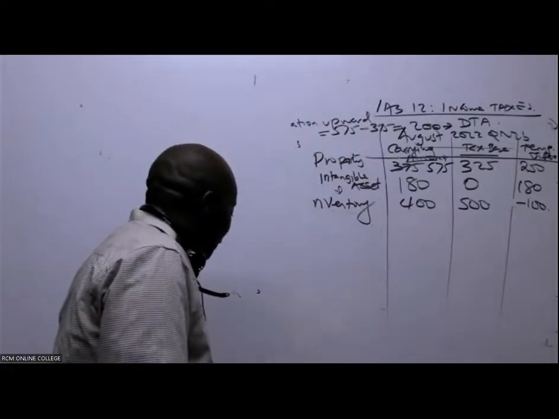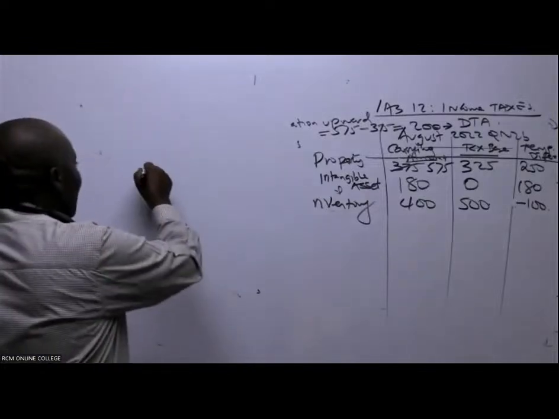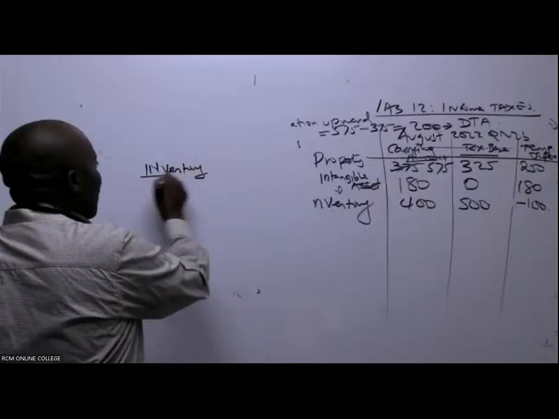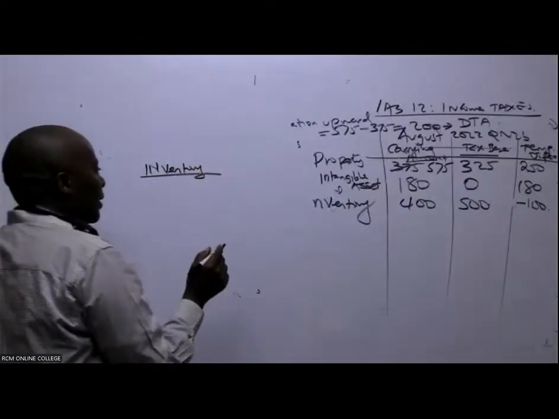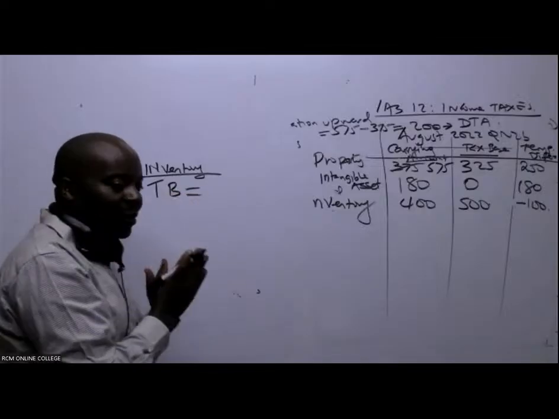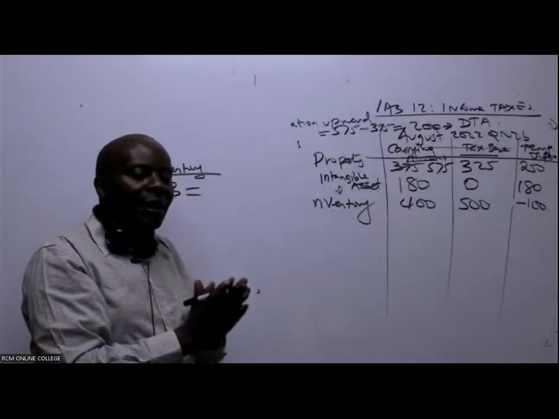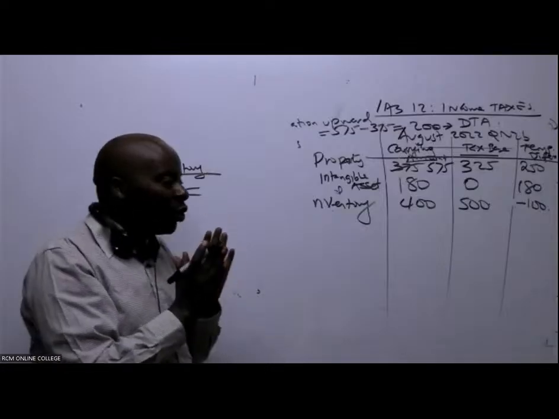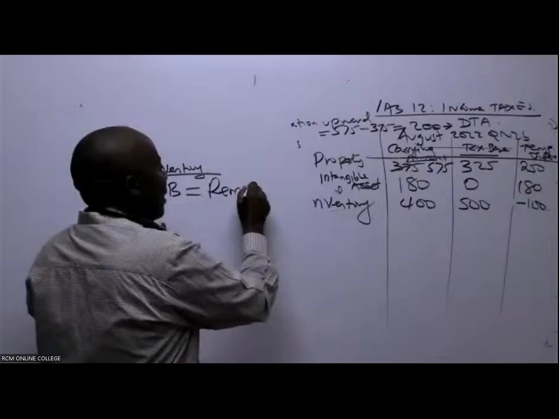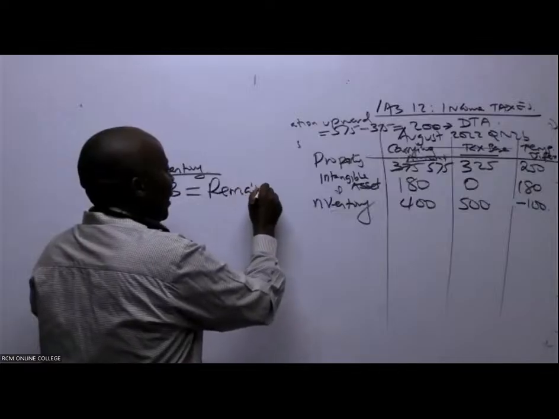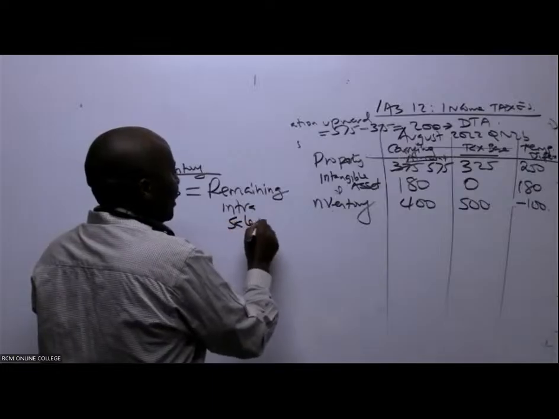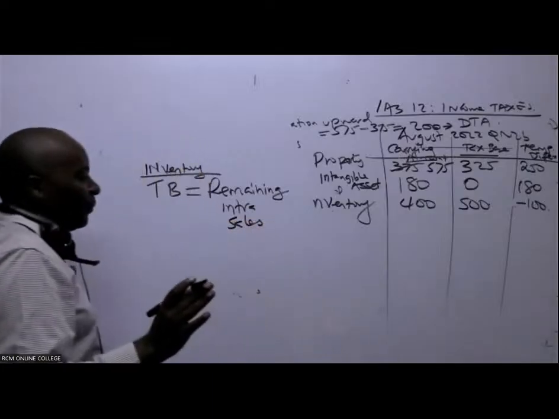So we look at inventory, two things. We look at this from the taxman first. The tax base: how do we get the tax base? To get the tax base, ladies and gentlemen, we shall always look at the remaining intra-sales. Very easy.